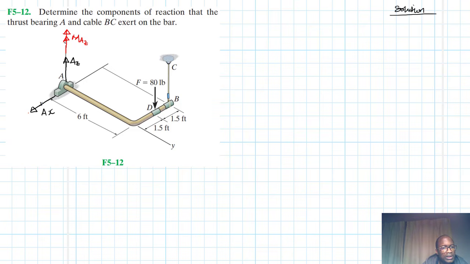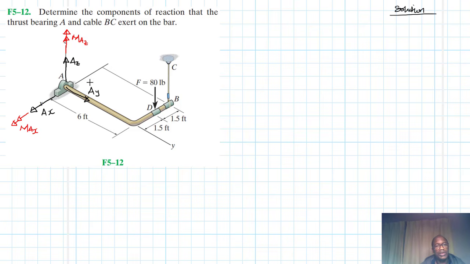also have a moment in this direction that I'm going to call MAX. Of course, along the y-axis, we are going to have another reaction in this direction, which we are going to call AY, but the moment will be 0 because it is free to rotate, but it cannot move in the y direction.